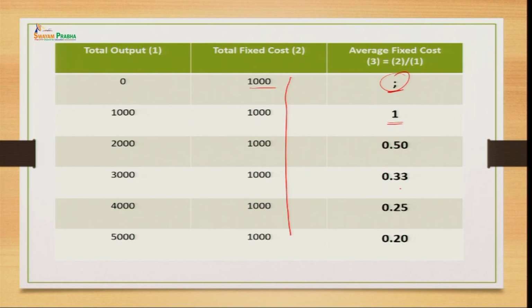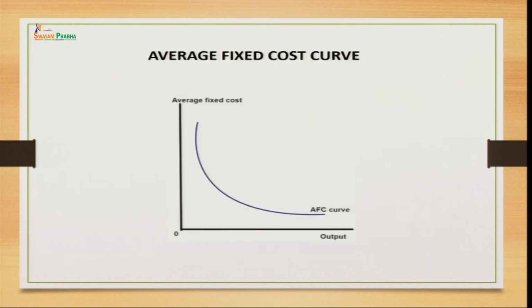So, what you can see here is our average fixed cost is reducing on a continuous basis as and when we are increasing our output, right. So, average fixed cost will keep on decreasing when there is an increase in the output. Okay. So, this is how we basically represent the average fixed cost curve, right, and this is the shape which is also called a rectangular hyperbola, right, where it is representing that the average fixed cost is decreasing as and when there is an increase in the output.